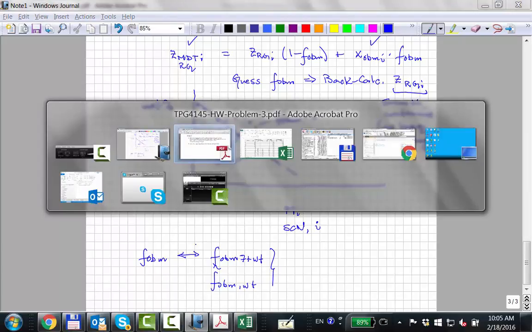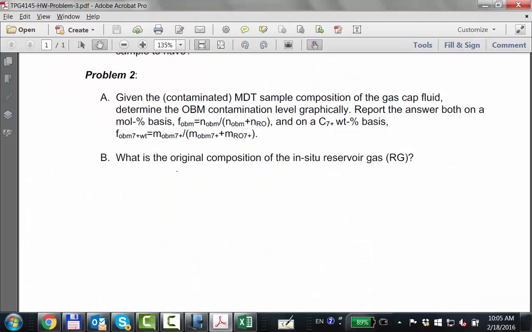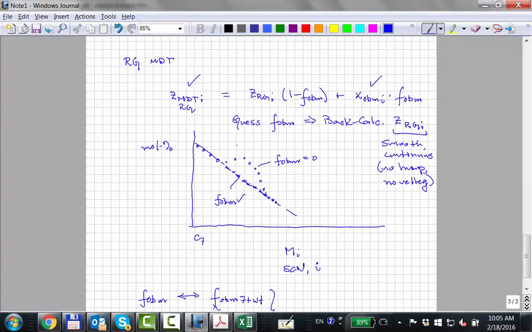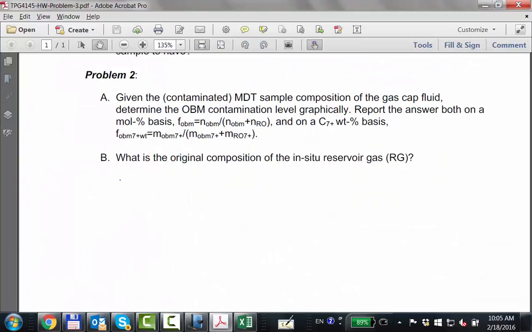And then part B is simply that, once you figure this out, because what you are doing is back calculating this. Once you figure it out, part B is done, right? You get FOBM in part B graphically.